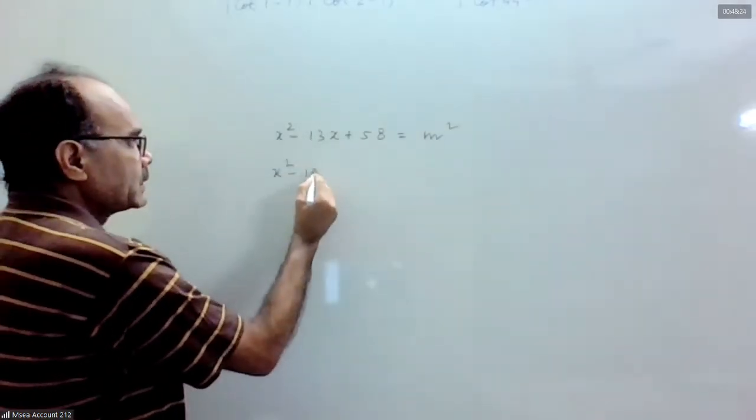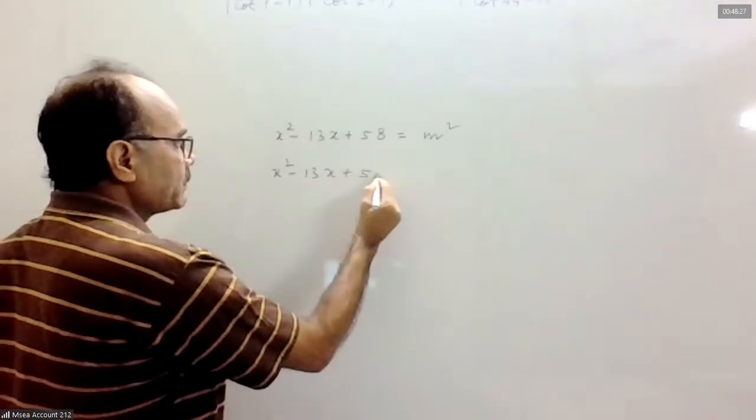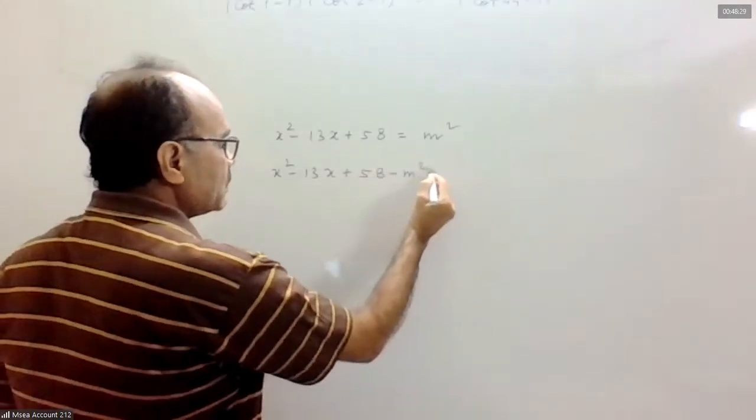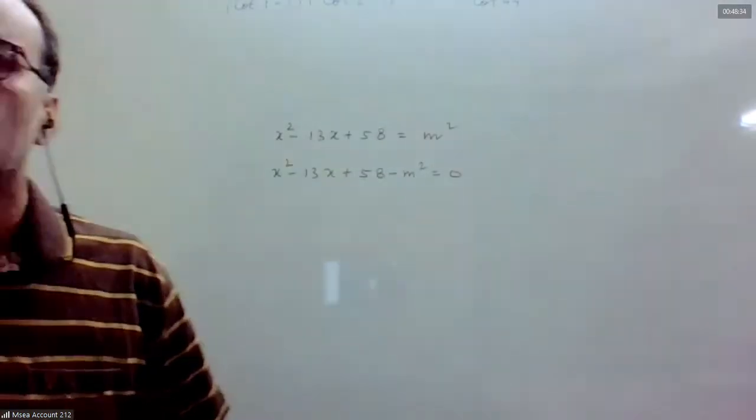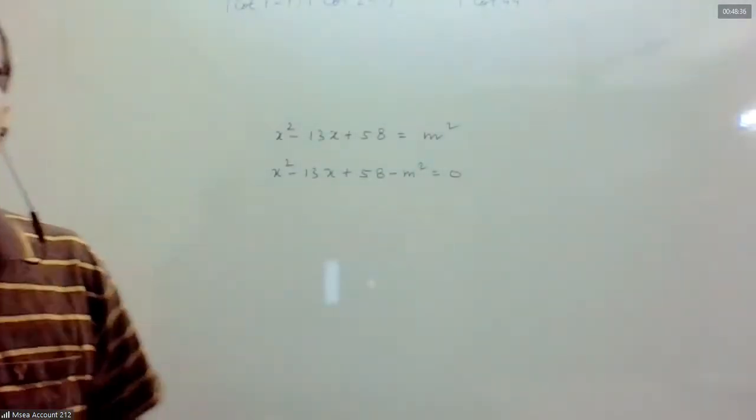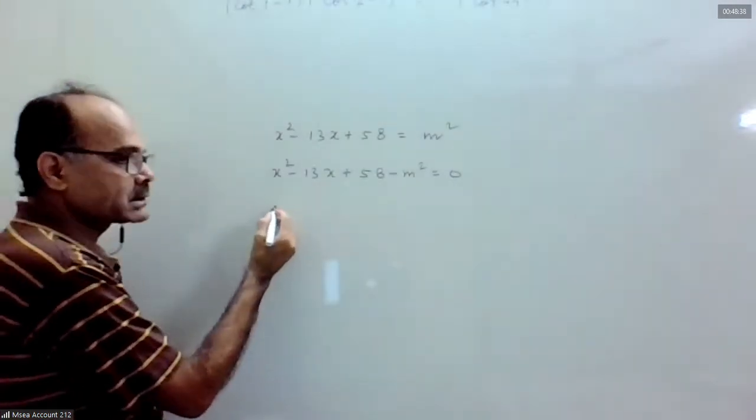x square minus 13x plus 58 minus m square equals 0. Now for integral roots, the equation should have integral roots. Discriminant should be a perfect square.